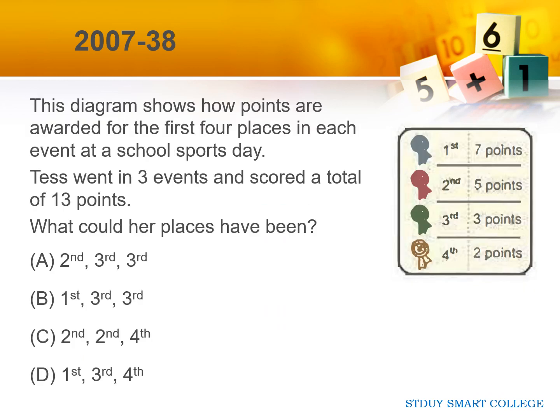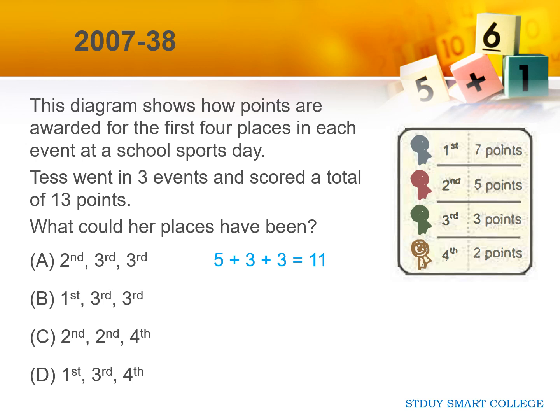This diagram shows how points are awarded for the first 4 places in each event at a school sports day. Tess went in 3 events and scored a total of 13 points. What could her places have been? Option A, 1 second and 2 third, which means 5 adds 3 and 3 equals 11.